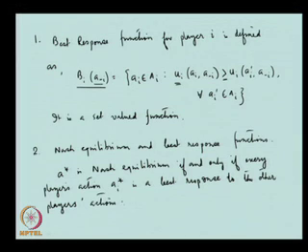So symbolically this can be written as Ai star belongs to the best response function of player i, and this is true for all i. So this is how the best response function is relating to the concept of Nash equilibrium: in the Nash equilibrium every player's action should belong to his or her best response function, and this should be true for every player.